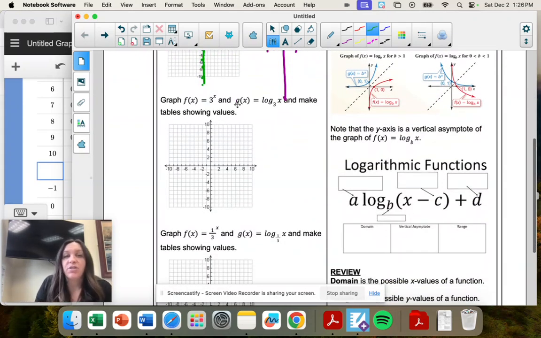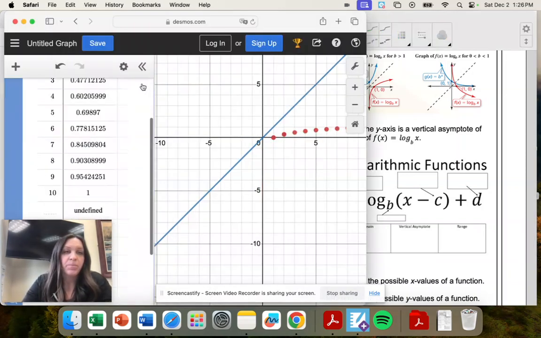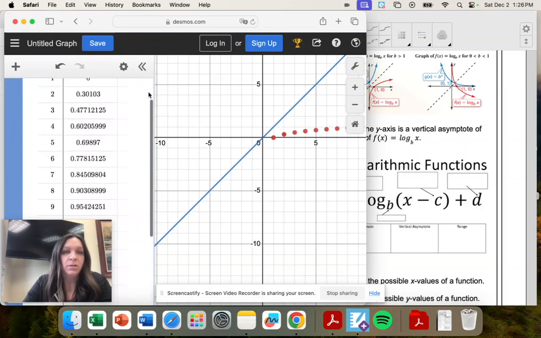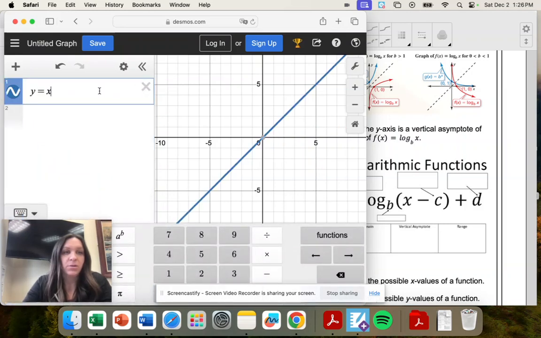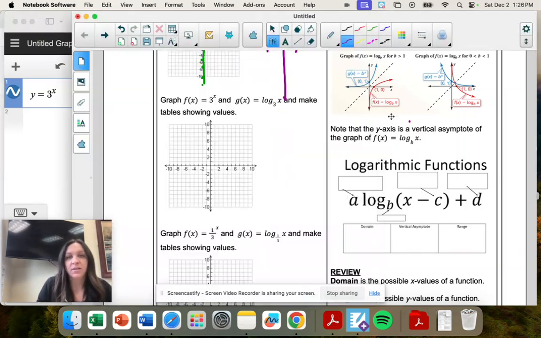Okay, now let's look at 3 to the power of x versus log base 3. So 3 to the power of x, remember it goes through 1. This time on an exponential, the asymptote is horizontal.